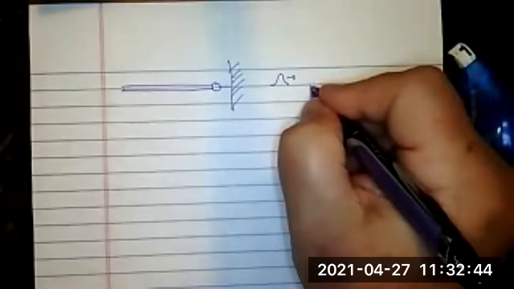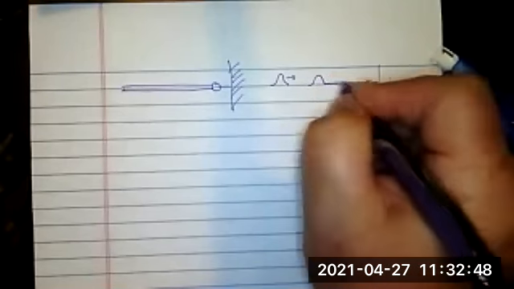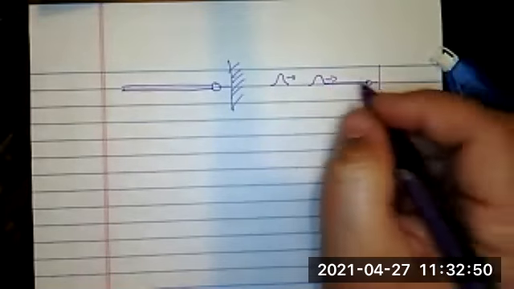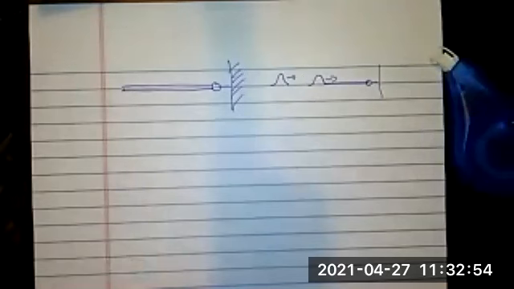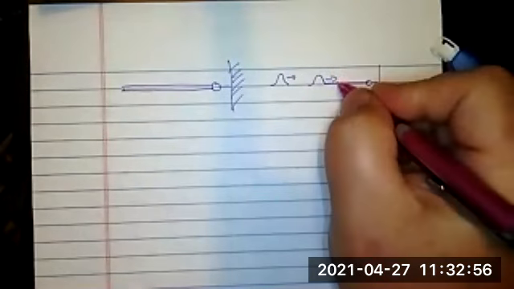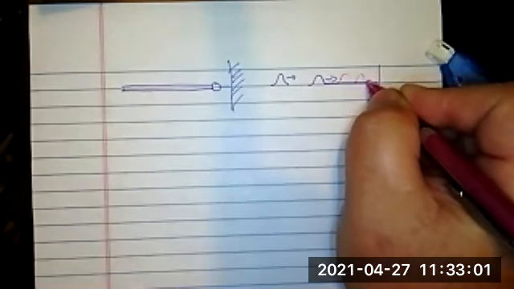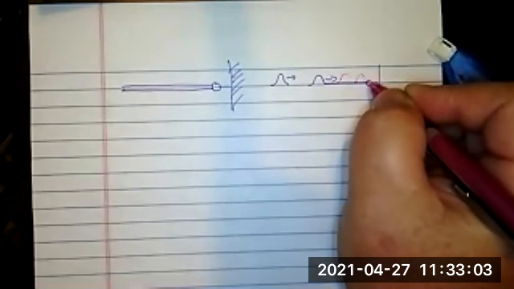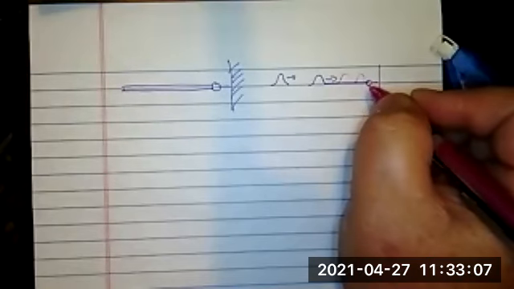What happens when you give that a shake like this is that the wave will propagate along that rope this way. As it gets closer and closer, when it gets right here, the tension in the rope is going to try to lift up on that ring that's mounted to the wall.